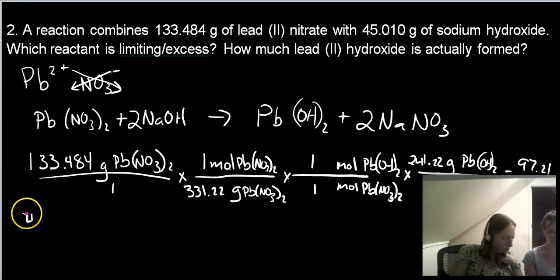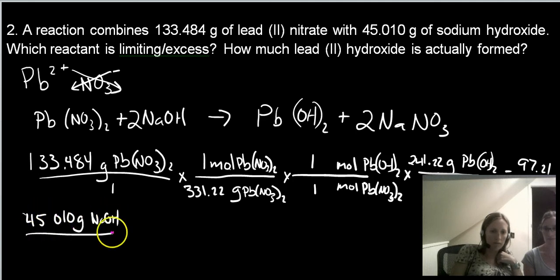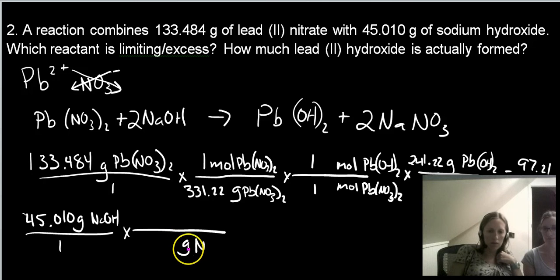All right, and then 45.010 grams of NaOH. Which has a mass of 40.01. 1 mole of sodium hydroxide.